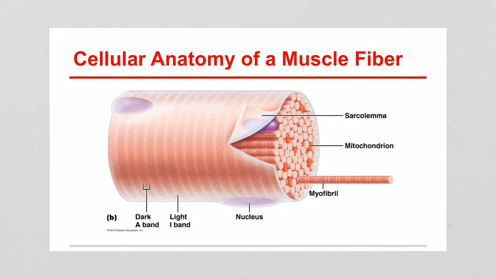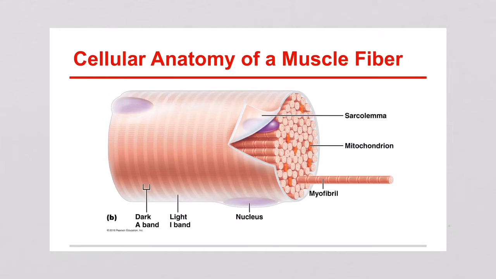A muscle fiber is a highly adapted cell. It is very long. In fact, most muscle fibers go the entire length of the muscle that they are part of. It has a specialized cell membrane called the sarcolemma. It has multiple nuclei.